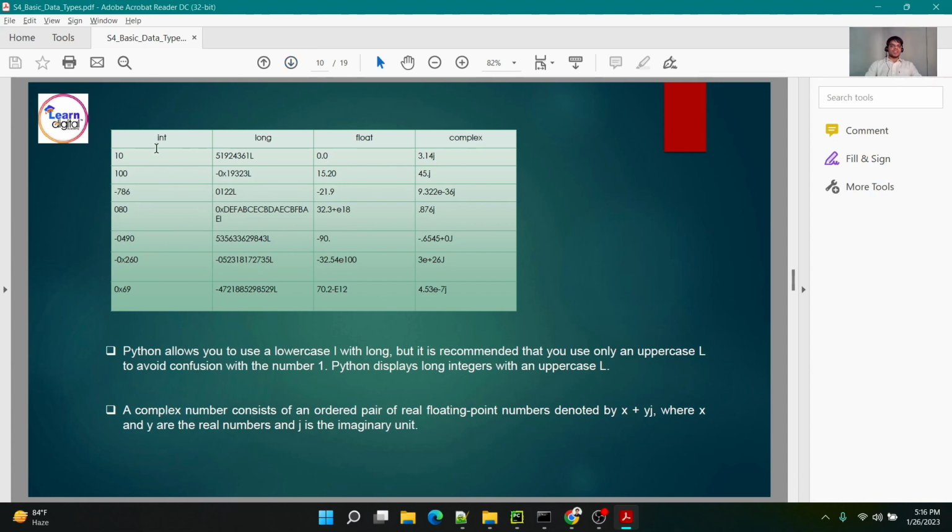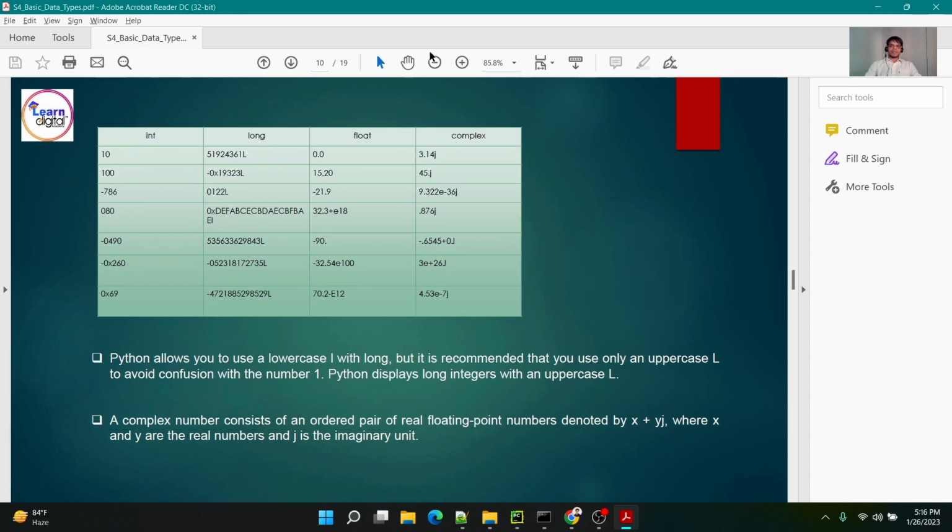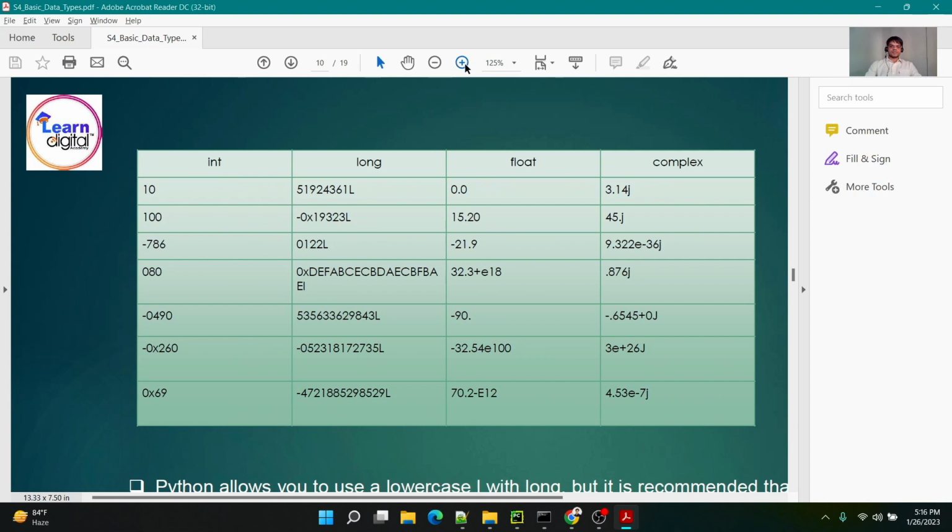These numbers can be integer type or float type or complex type. Let me enlarge my screen here. If your data falls under any such category, 10, 100, minus 786, 80, in the negative scale, positive scale, or in the decimal category, then it is going to fall under float.